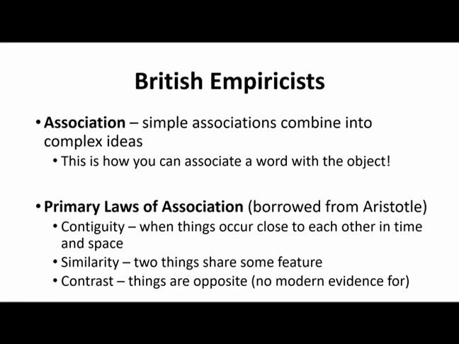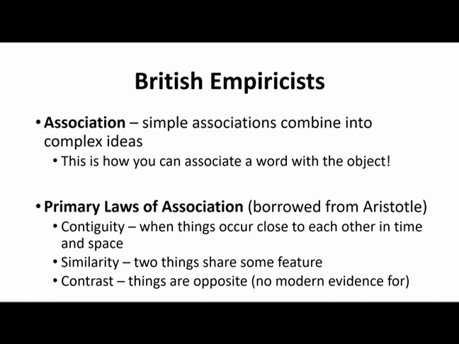So contiguity basically tells us that if things occur close to each other in time and space, so if you see an apple sitting underneath a tree, you might make the association that that apple probably came from that tree, so it's probably an apple tree. They have close contiguity, so we link them and associate them together.